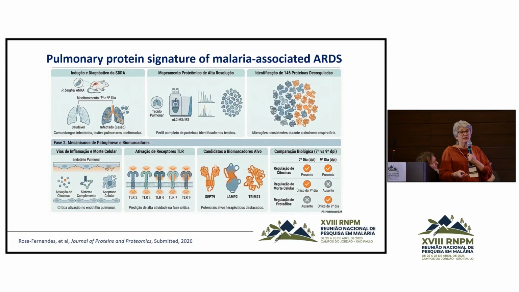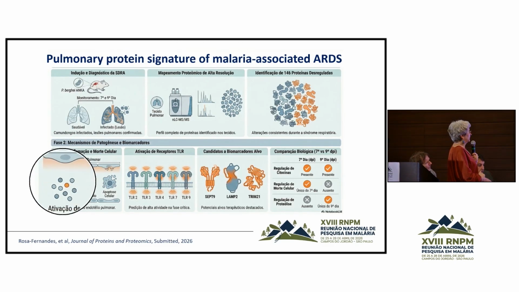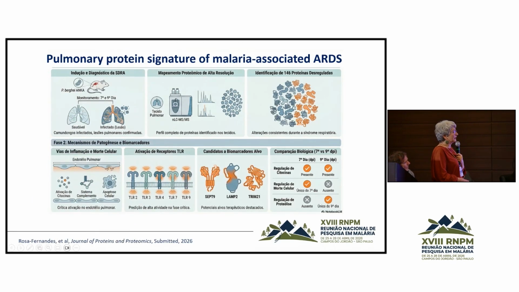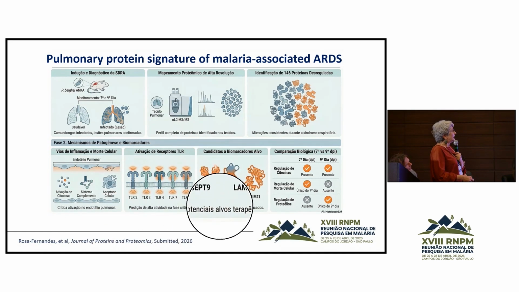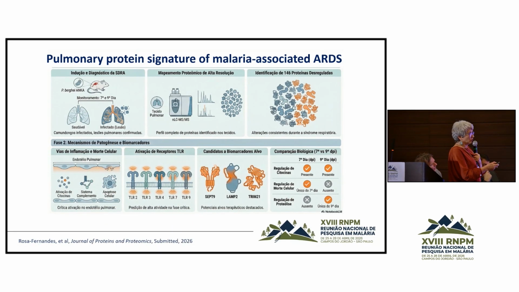We identified 146 proteins, and out of them, 42 were exclusive to the animals that developed ARDS. In these proteins, we had the inflammation pathways, things that we had already validated, activation of toll-like receptors, and some proteins were identified as possible biomarkers.